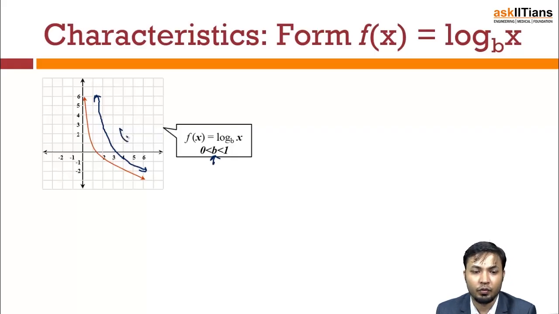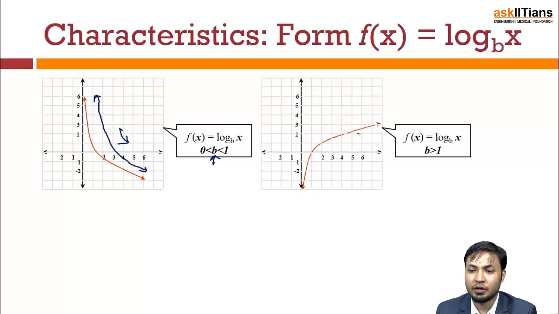It is going towards this direction. Now, for b greater than 1, what will happen in that case? The graph will go like this. So basically it forms like this. The curve will be like this. So these are the two forms that you need to remember.